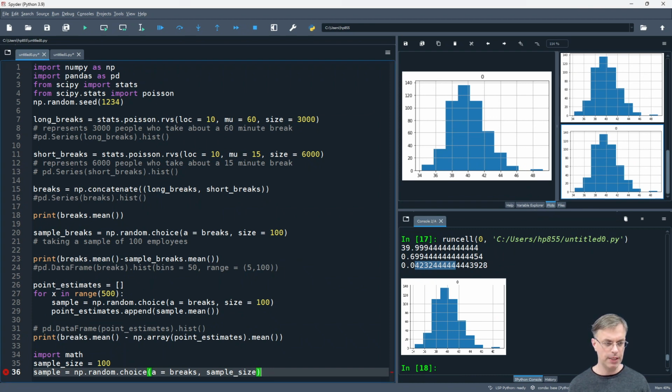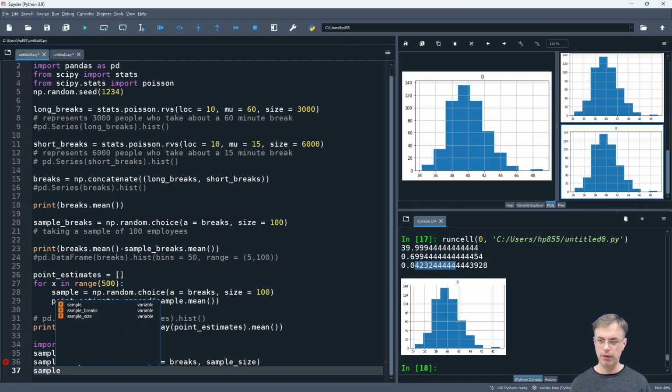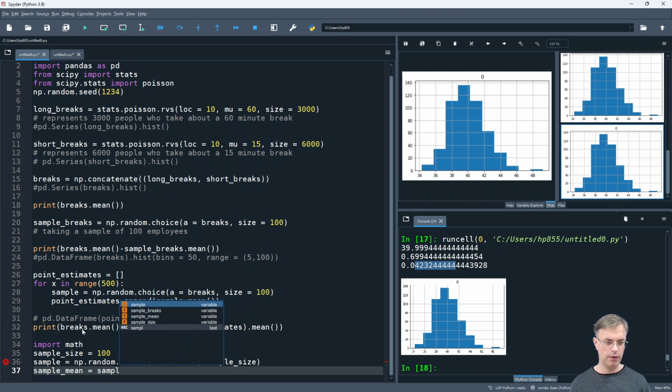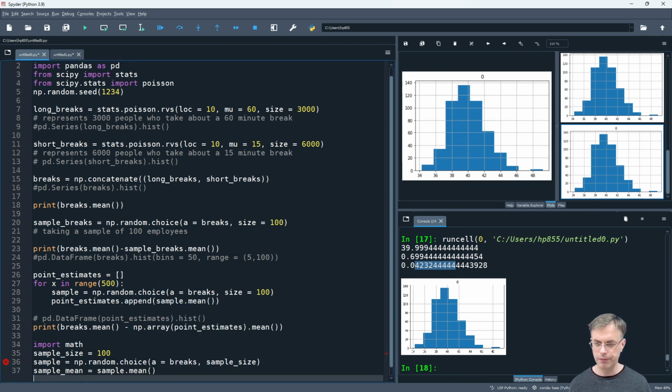Now the sample mean we already know, right? Sample mean is sample mean. Good.